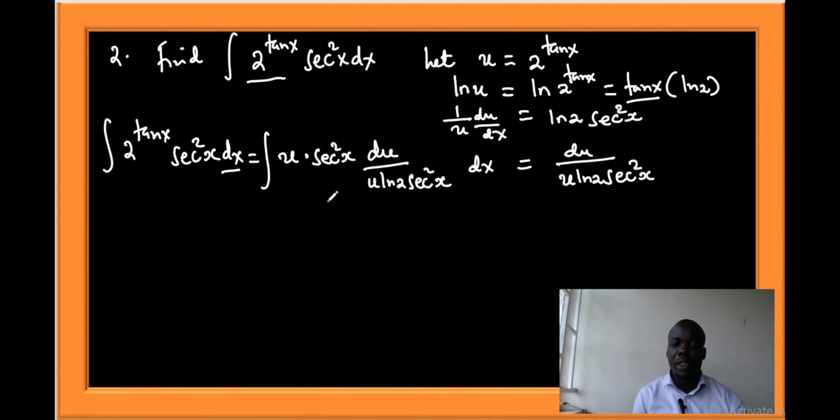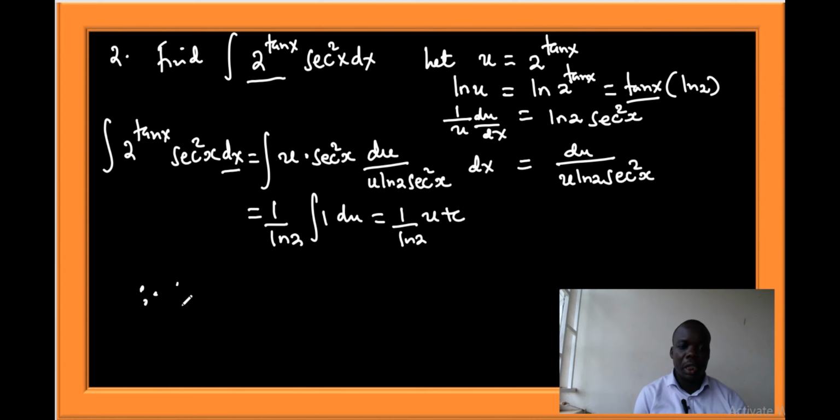U will also cancel. That means we remain with 1 over ln 2 integral of 1 with respect to u. And that means we shall have 1 over ln 2, but u plus a constant.